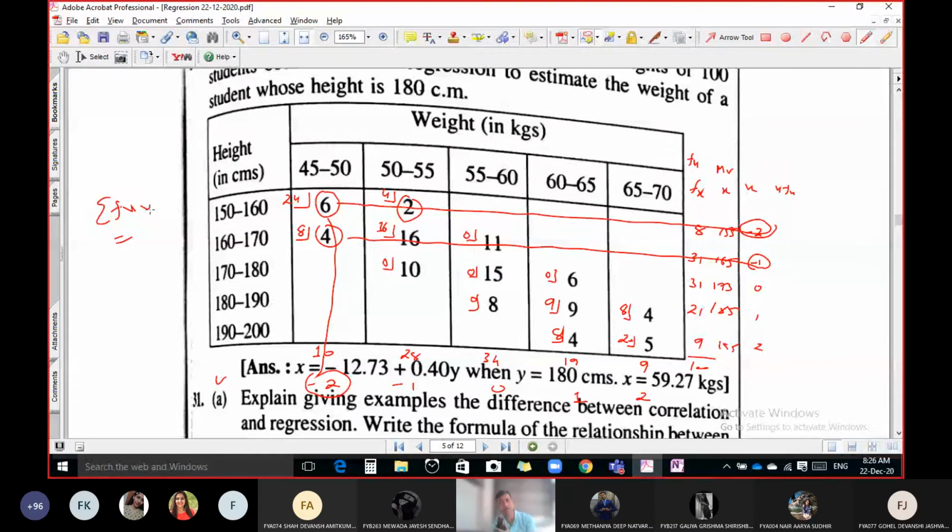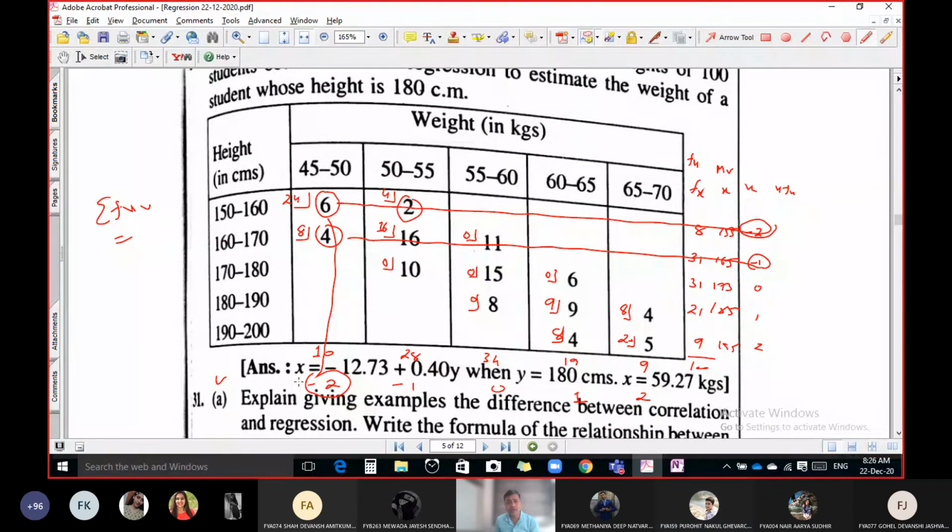Still, does anybody have any problem? Sir, the calculations are not matching. Which calculation? All the calculations are correct, but the answer is not matching.